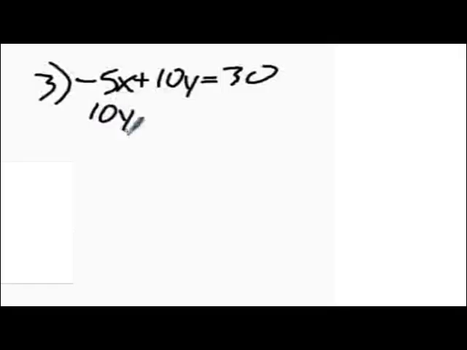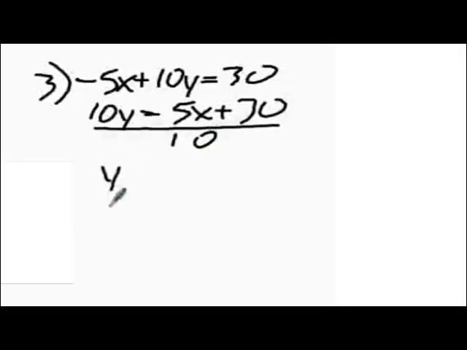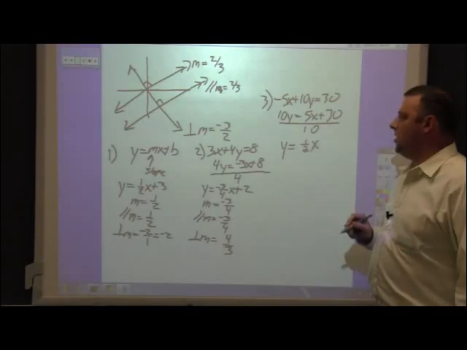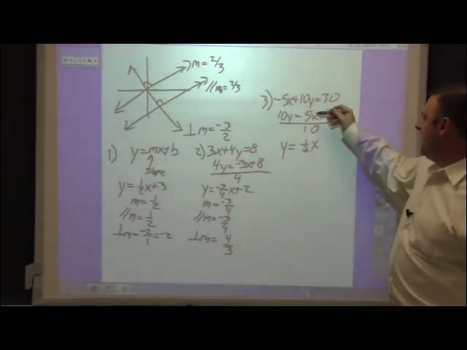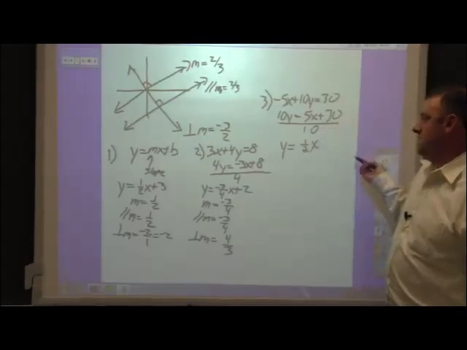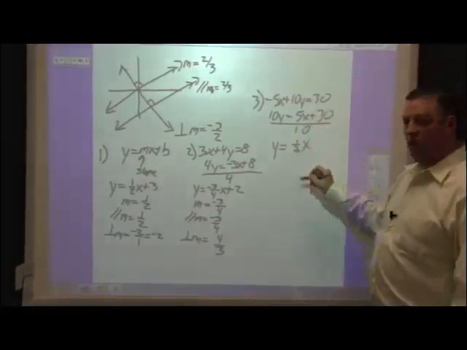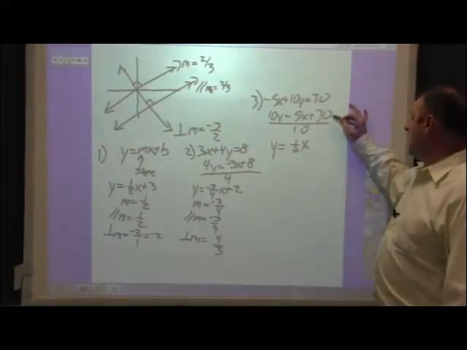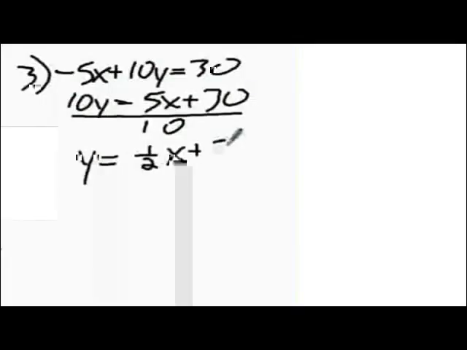So we're going to get 10y equals 5x plus 30. And then divide everything by 10. So we're going to get y equals 1/2 x. I know I kind of skipped a step. 5 over 10 reduces to 1/2. Then we have 30 over 10. That's just going to be plus 3. So that's getting y by itself.